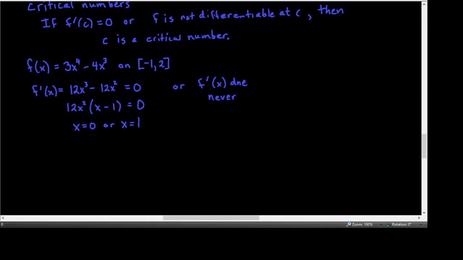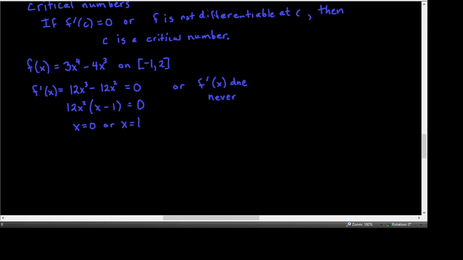Now, we have to pay attention to what we got. This goes from -1 to 2. And so any of the numbers between -1 and 2 that are critical, we include those. Well, both 0 and 1 are between negative 1 and 2, so we're going to actually consider all of them, both critical numbers and the endpoints.